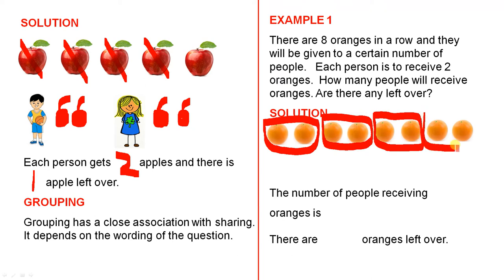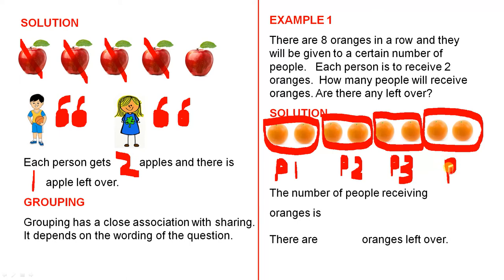And the last person gets those 2. So we have person 1, person 2, person 3, and person 4.